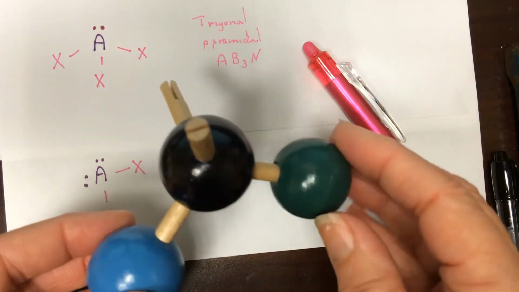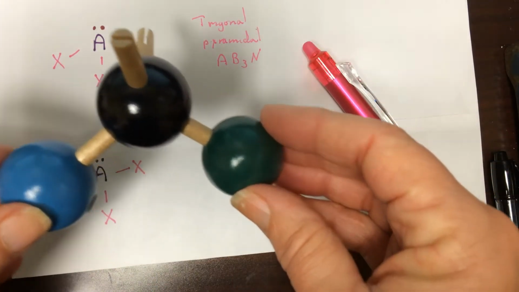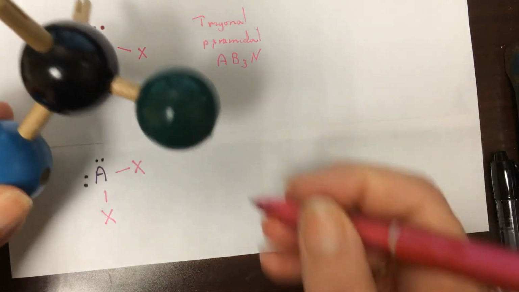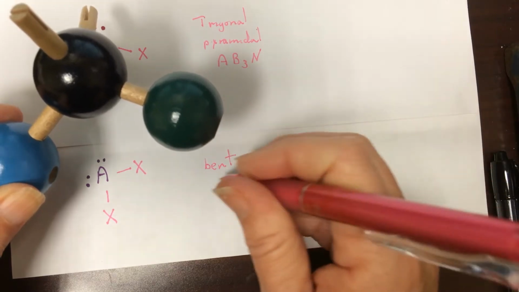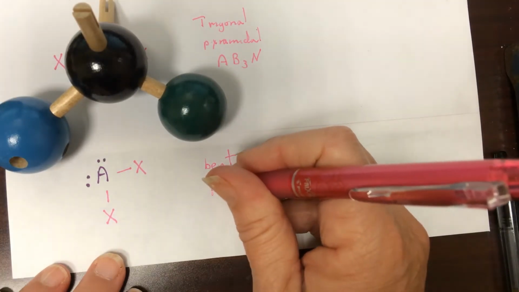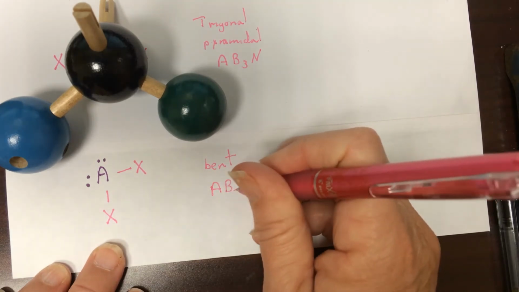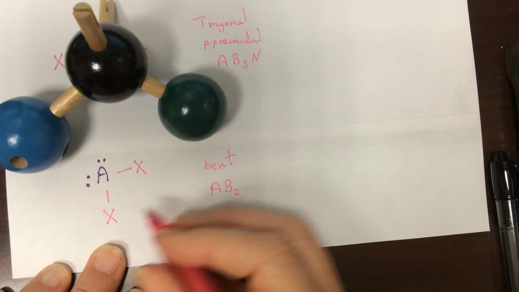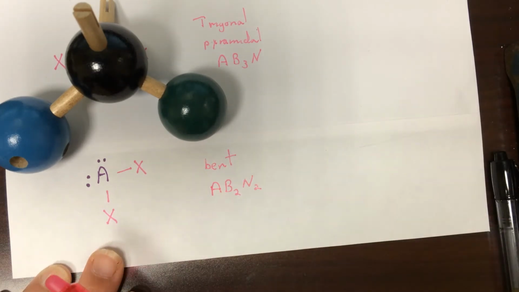They take up space, and they push these two atoms close together. So this gives us a bent shape. Our notation for this would be a central atom, two bonded atoms, and two non-bonding lone pairs.